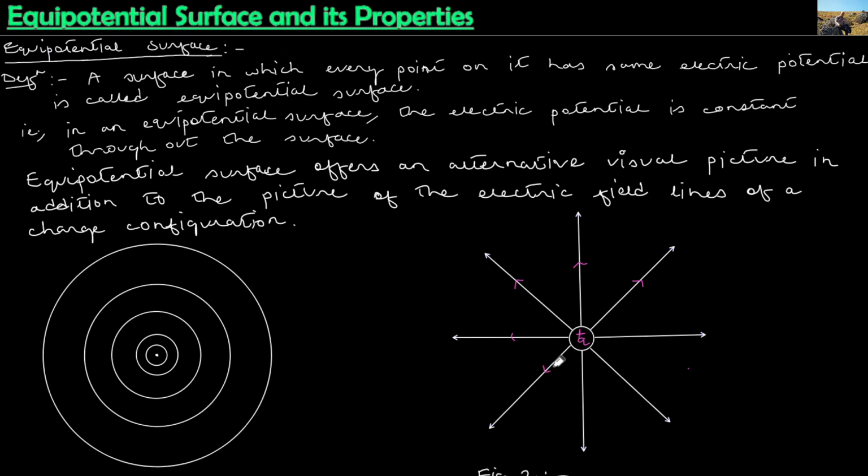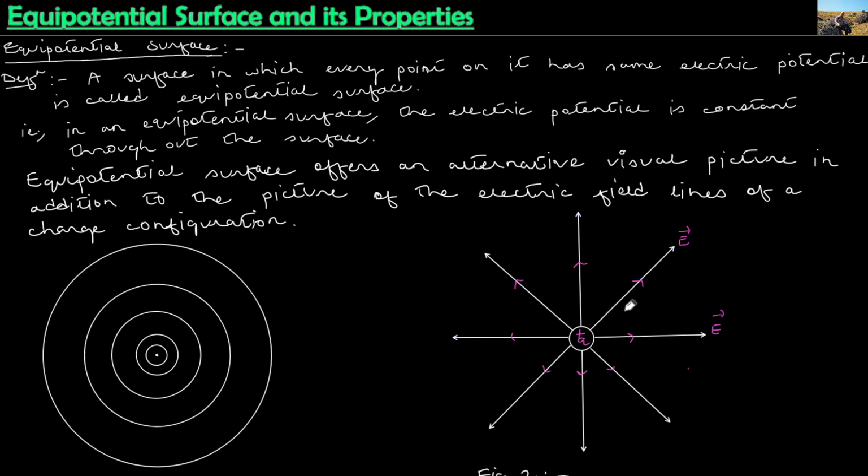We have learned that the electric field lines or electric lines of force will be produced by this point charge. This is the representation of the direction of the electric field lines produced by a point charge.